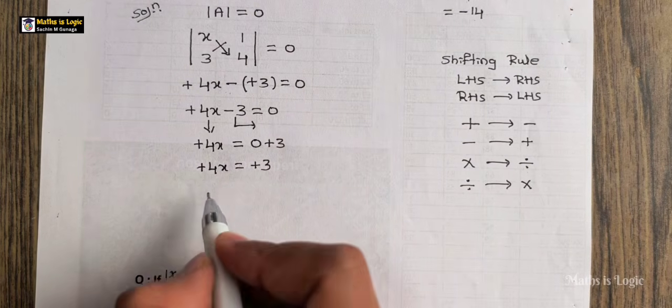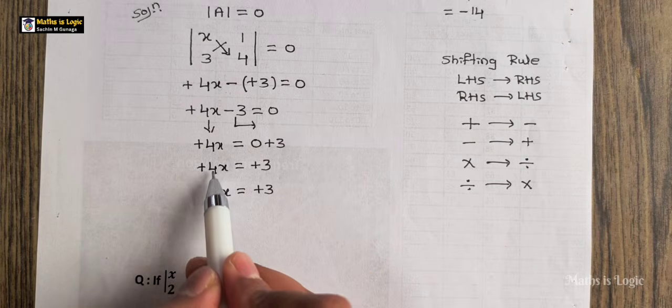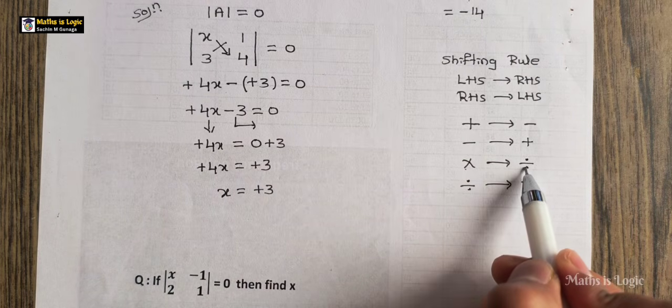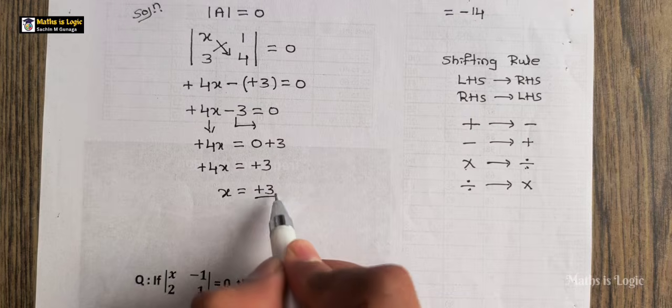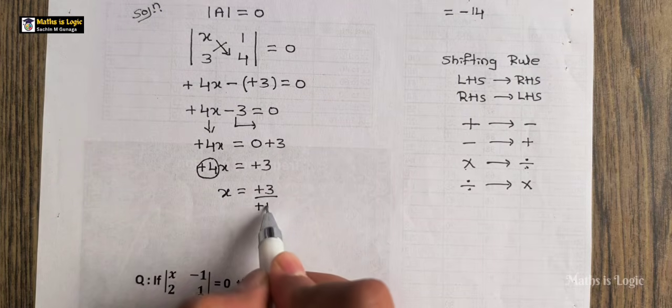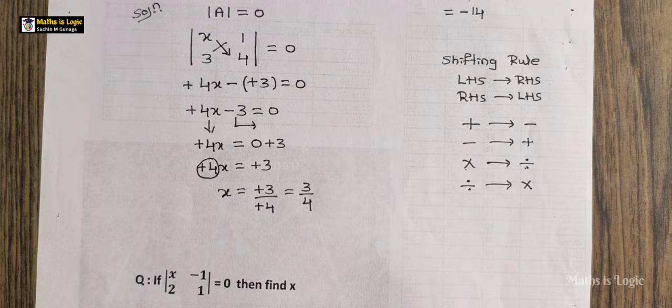Again we need only the x value. x is equal to the right hand side, plus 3. Here in between 4 and x a multiplication sign is there. We are shifting this 4 to the right hand side. That time multiplication becomes division. Therefore divided by this 4, it comes in the denominator, plus 4, so the answer is 3 divided by 4.